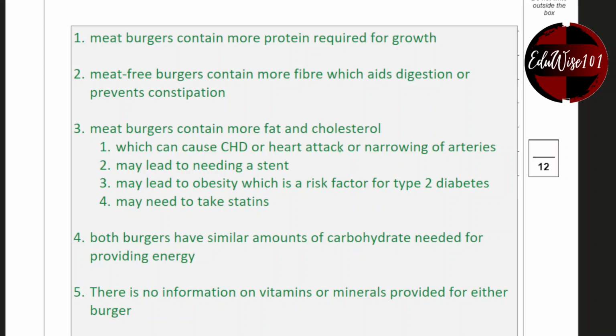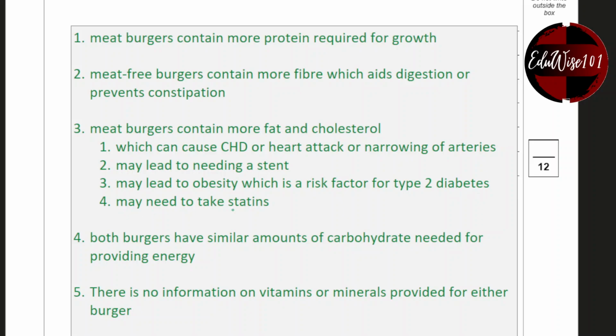The problem with eating more fat and cholesterol is that it can lead to CHD, coronary heart disease, or heart attack, or narrowing of the arteries. It may lead to needing a stent, which is a procedure if your arteries are blocked or narrowed. It may lead to obesity, which is a risk factor for type 2 diabetes.